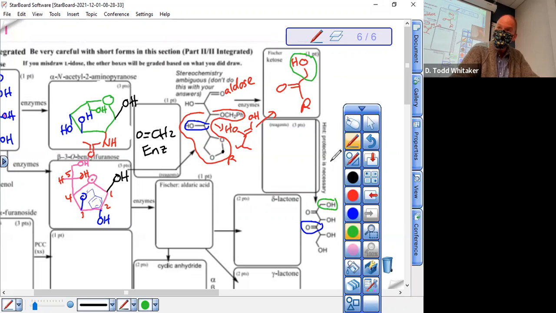So it says protection is necessary. I have to protect, then oxidize, then deprotect. Any suggestions? Nope.